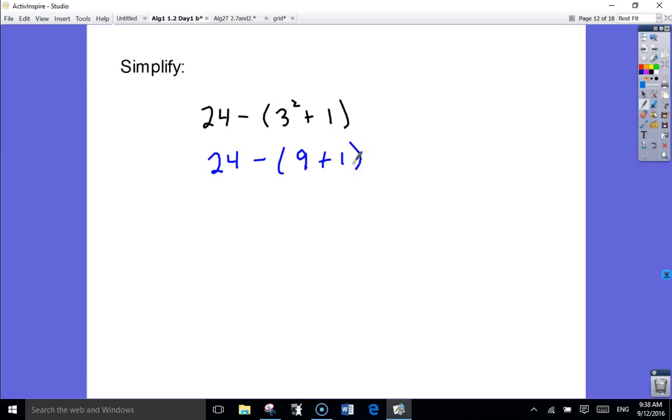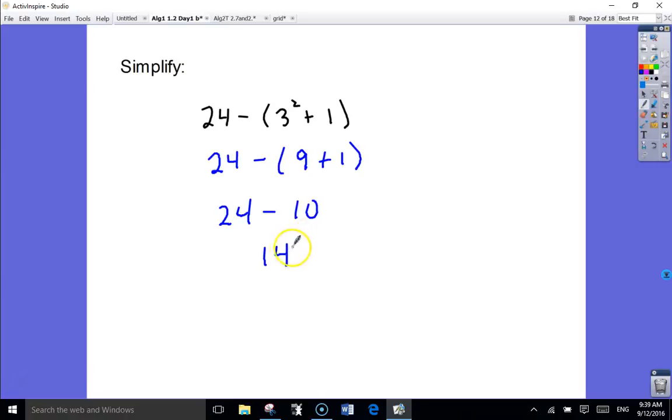Okay, next what am I going to do? Yeah, go inside the parentheses and do the 9 plus 1. And then 24 minus 10 is 14. Okay, any questions about that?